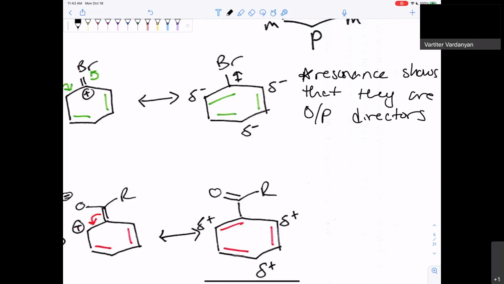Yes, so if we ever see a halogen, automatically we know it's a deactivator, but we also know that it's an ortho-para director.